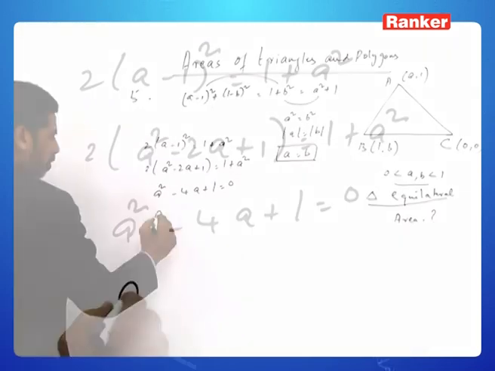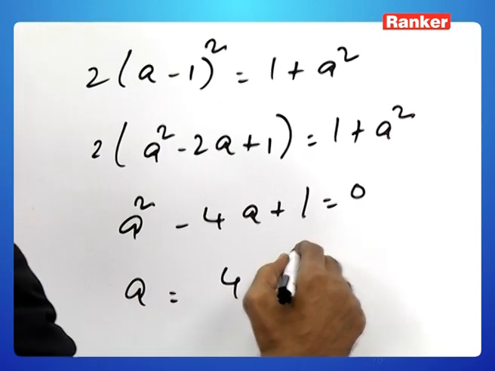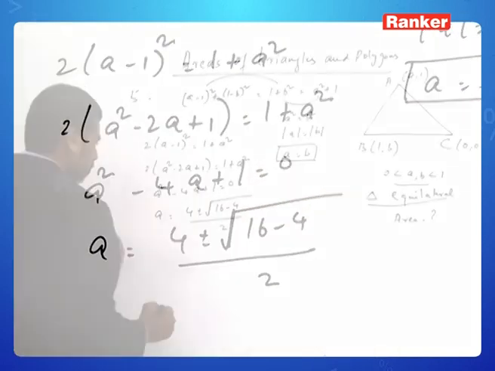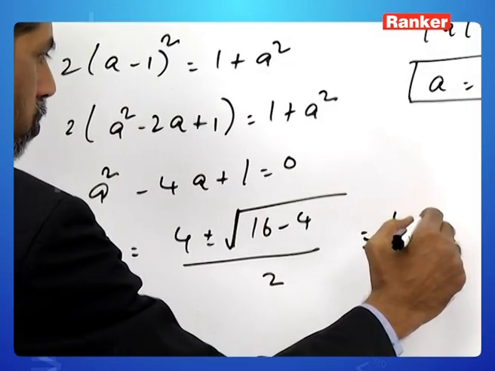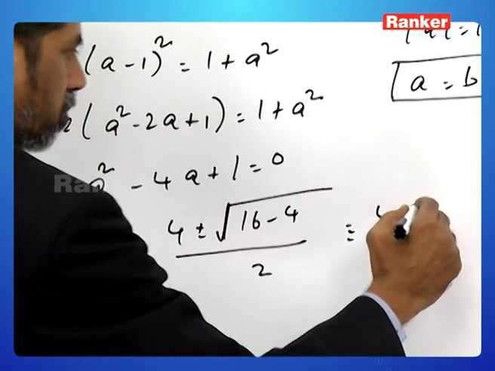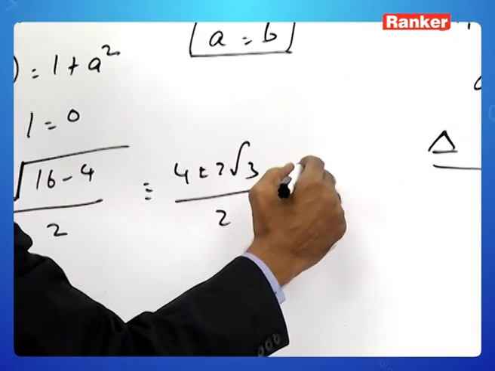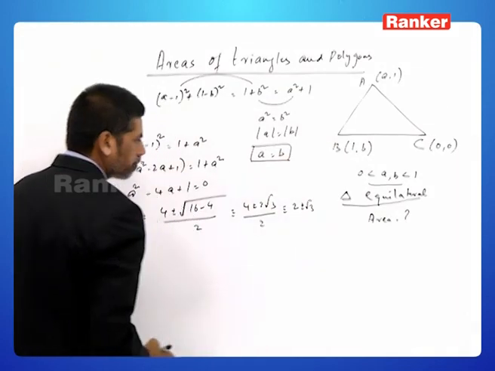So let us compute the possible values of a. A is 4 plus or minus square root of 16 minus 4 by 2. This will be 4 plus or minus square root of 12, which is 2 root 3, divided by 2, which is 2 plus or minus root 3.